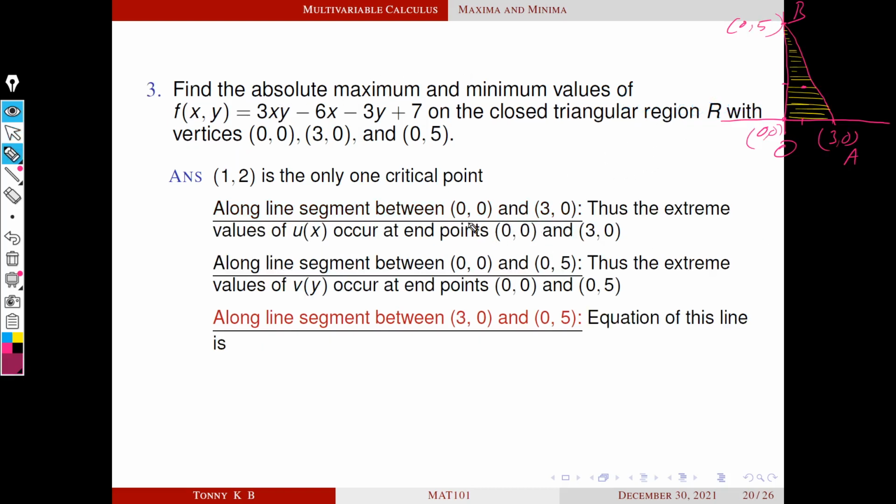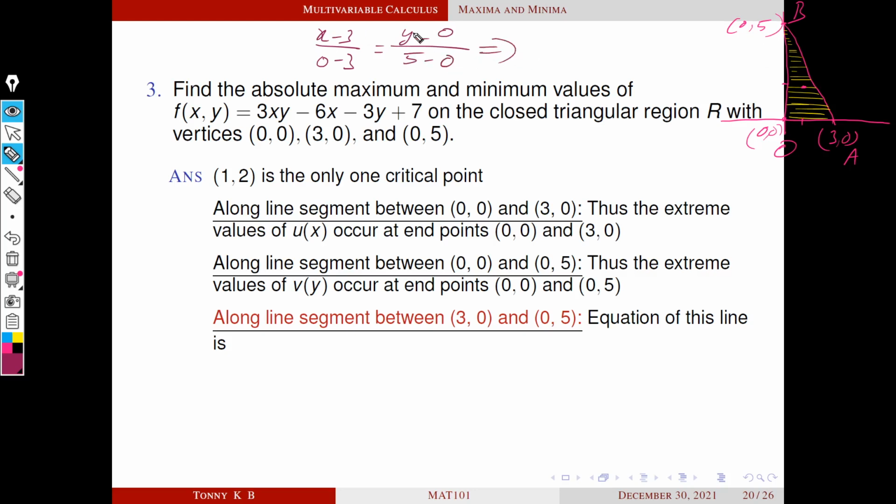Yes, you can use the two-point formula, that is (x minus x1) by (x2 minus x1) equal to (y minus y1) by (y2 minus y1). So here you can choose, this is our (x1, y1). So the two-point formula is (x minus 3) by (x2 minus x1), that is 0 minus 3, equal to (y minus 0) by (5 minus 0), where this is our y2, 5.